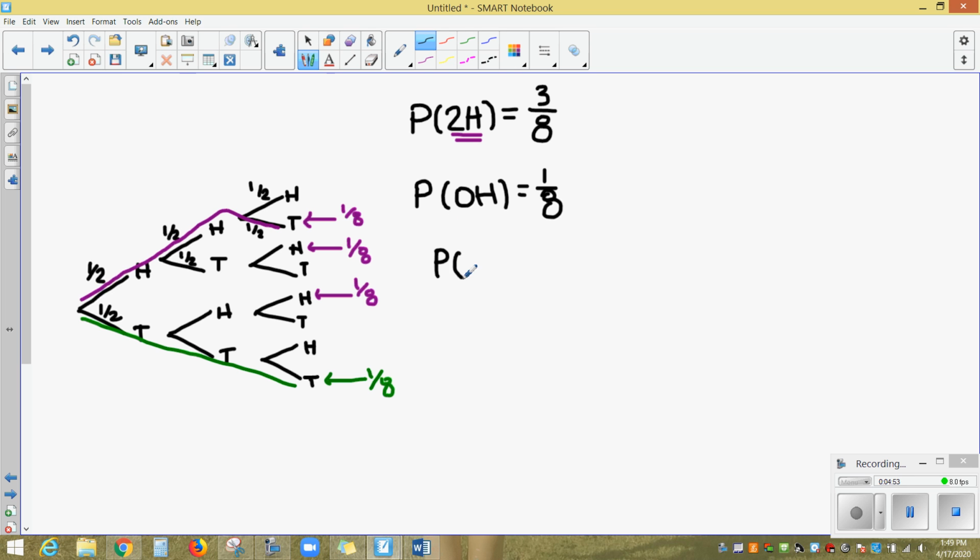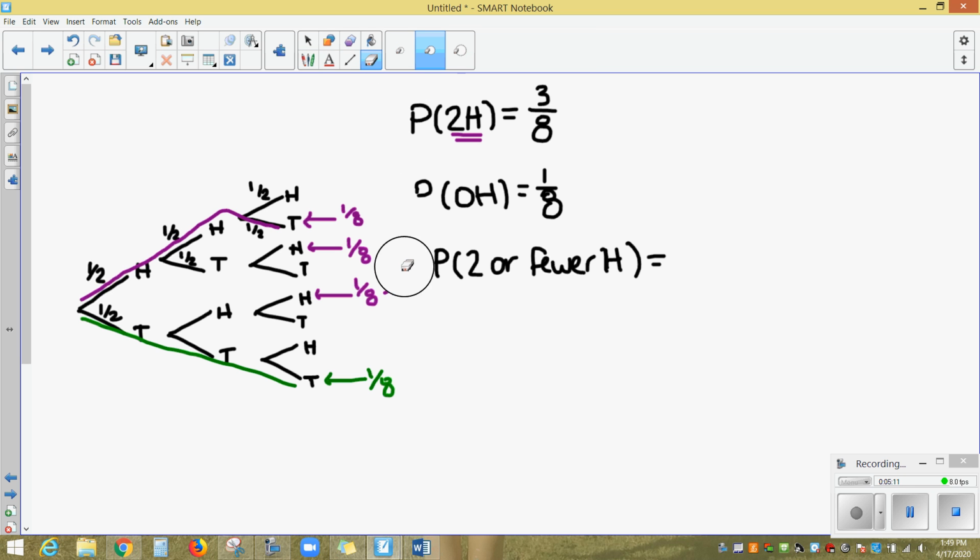Maybe I want to find the probability that I get 2 or fewer heads, which means 2 heads, which means 1 head, which I haven't figured, which means no heads. So here's 2 heads, here's no heads.